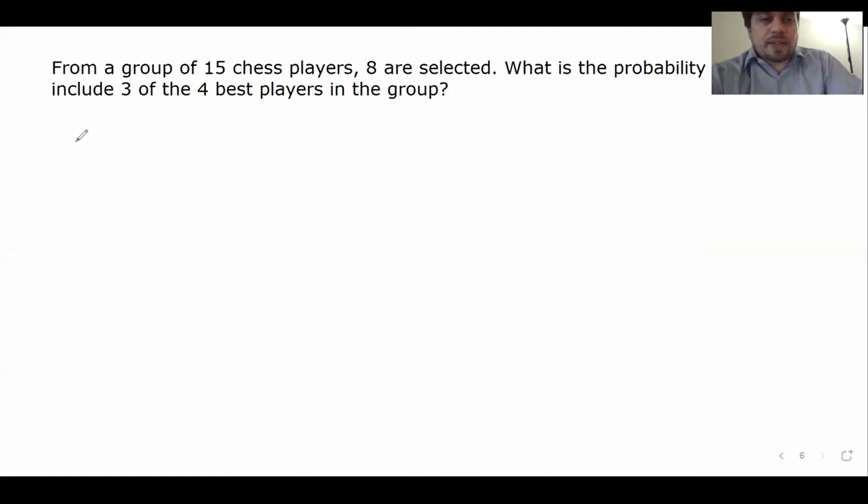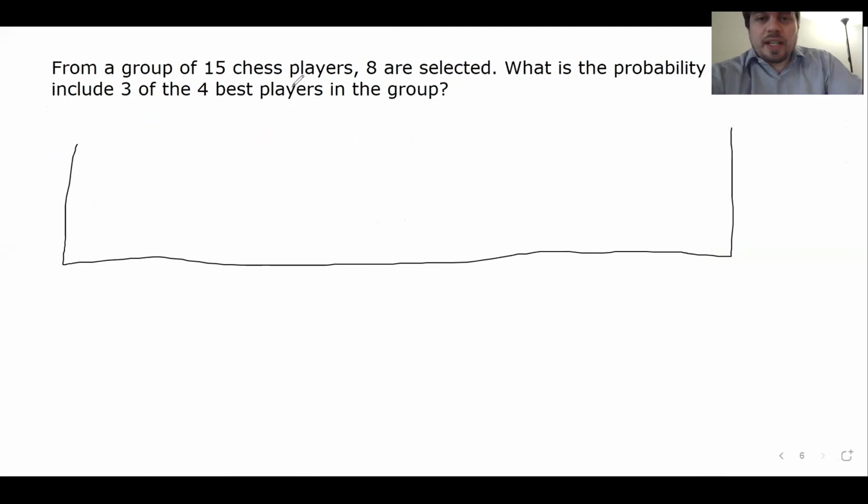Okay, I'm going to use a box again. There are 15 chess players. So I'm going to denote the chess players by each chess player being a circle. And it's going to be a brown circle.